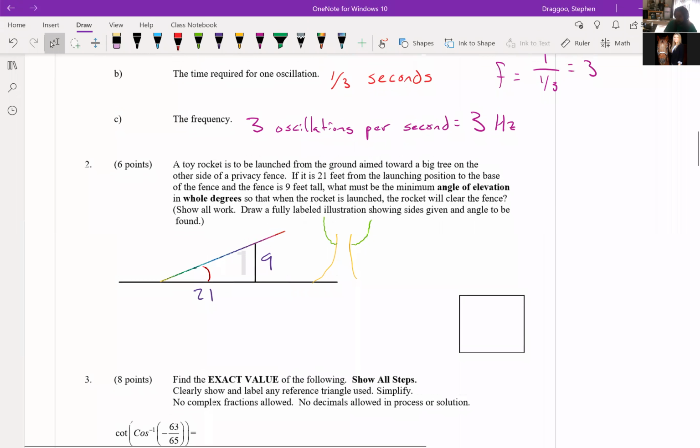So if we come to solve for that red angle, which I suppose I'm going to call theta, because I'm basic, theta should be the inverse tangent of 9 divided by 21.